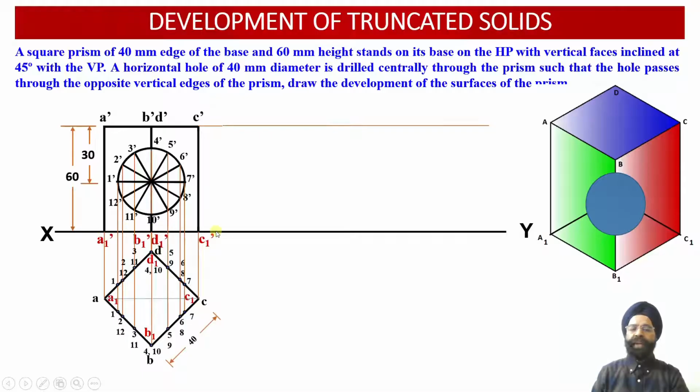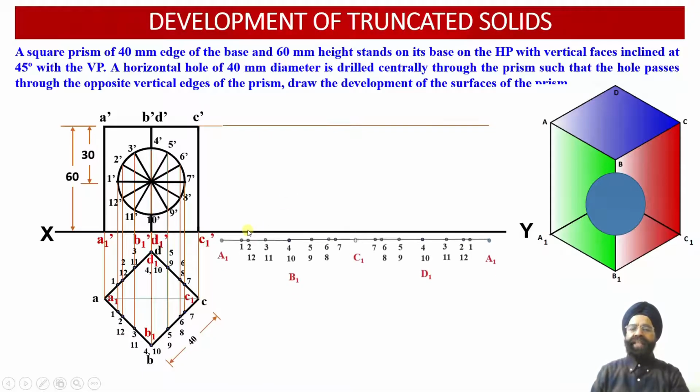Corresponding to the bottom face or the base of the square prism, another horizontal projector we have drawn. Between these two horizontal projectors, we are going to obtain the true length of the height of the square prism. So the true length of the height is available, that is 60 millimeter, and the true length of the edge of the base is also available, that is 40 millimeter.